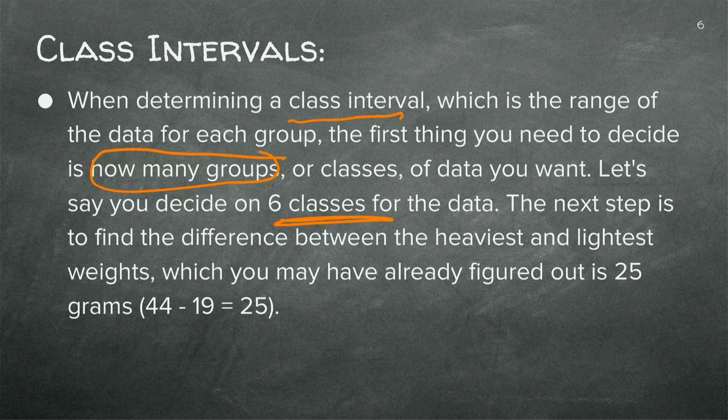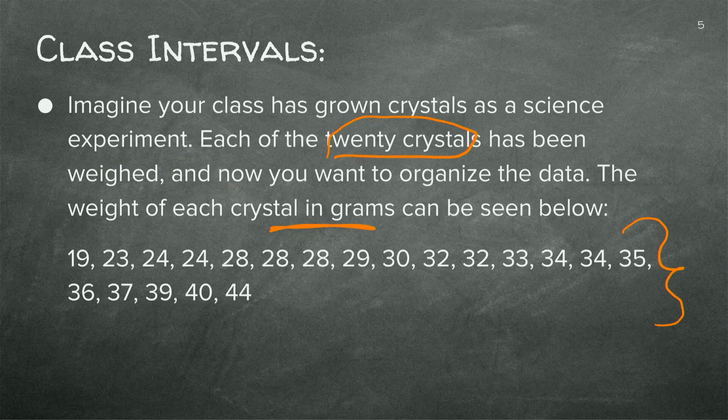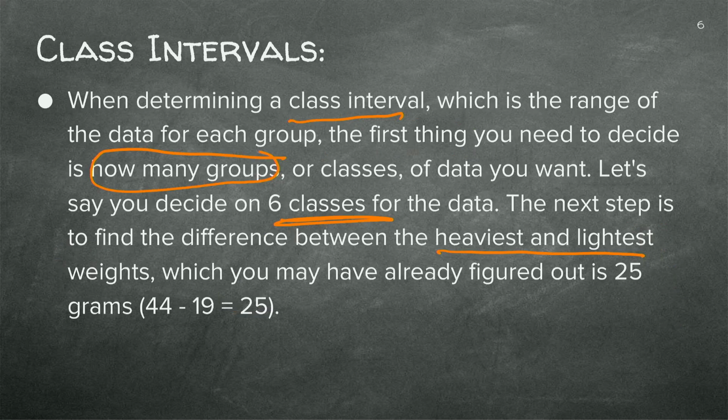Now our next step is to find the difference between the heaviest and lightest weight. Let's go back. As we can see, our heaviest weight is 44 and our lightest weight is 19. So the difference between the heaviest and the lightest is 25.